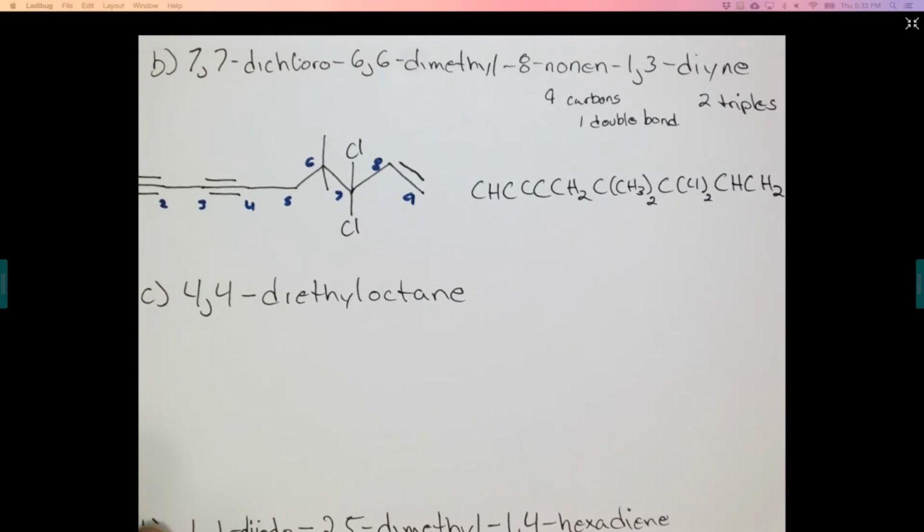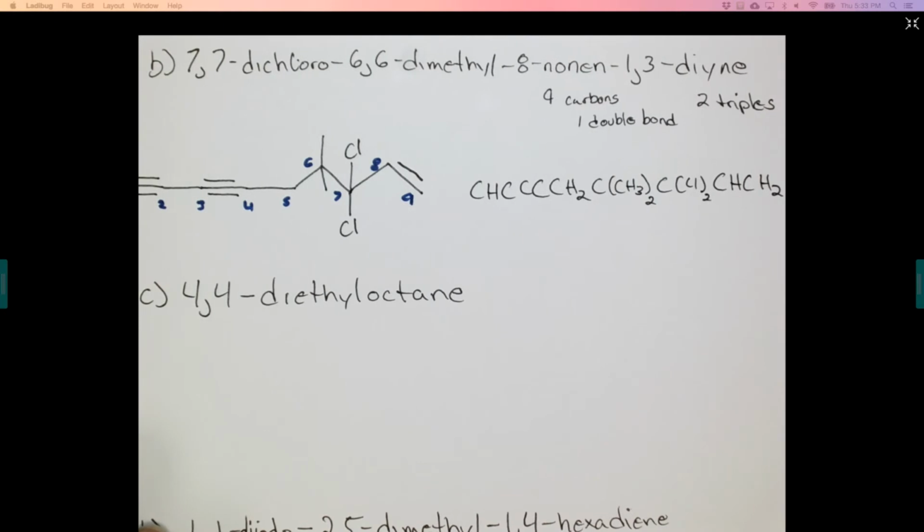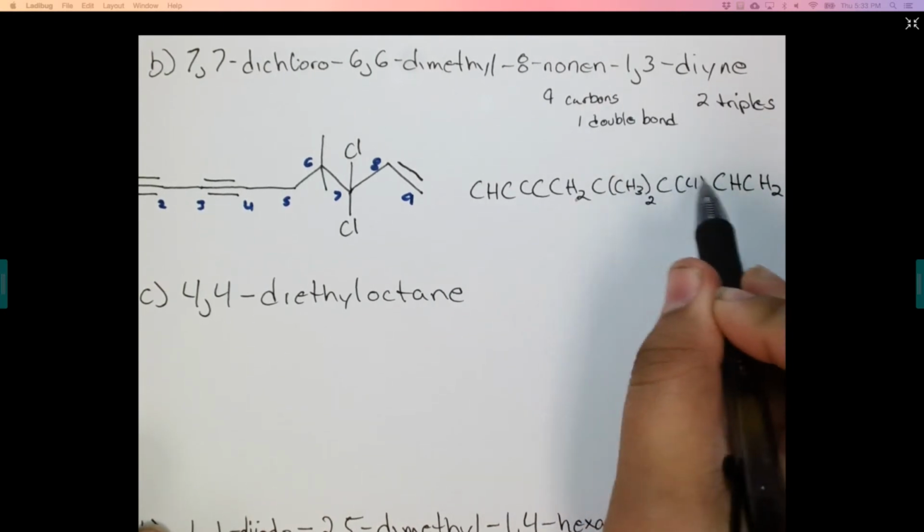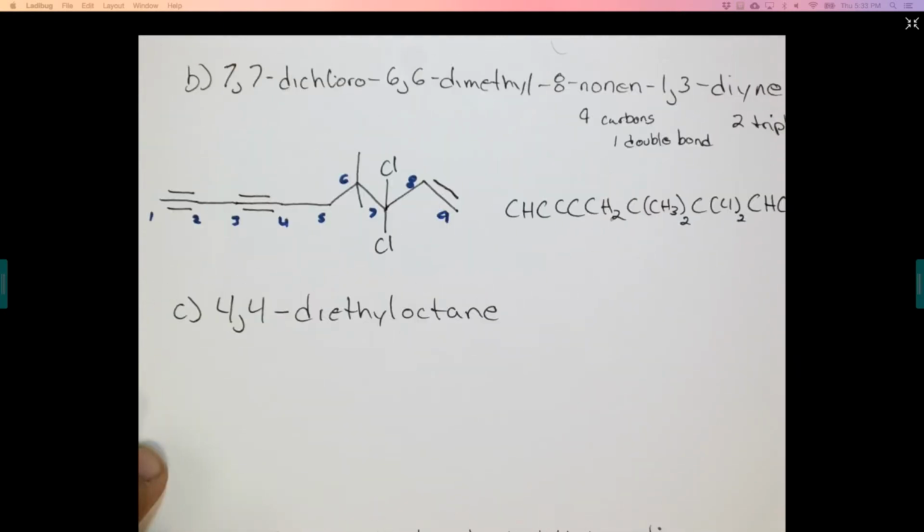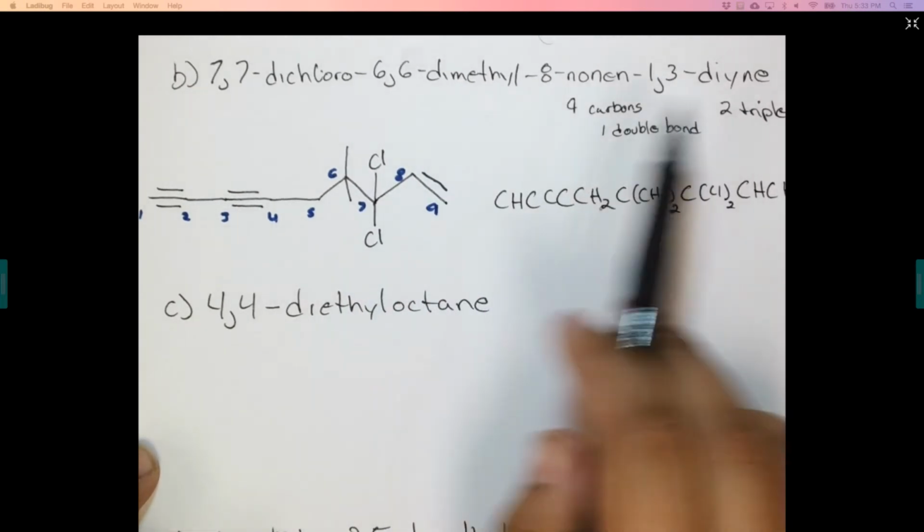That will be your condensed formula for that particular molecule. Again, you can write these off to the sides if you would like to. But that is that molecule's nomenclature.